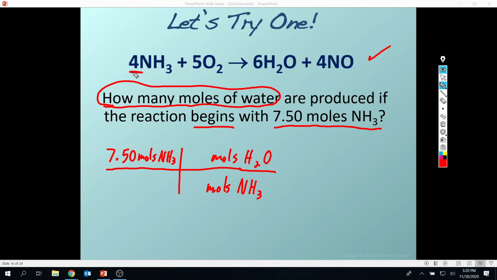All right, our mole to mole ratio, we have 4 moles of NH3 for every 6 moles of H2O. And so we'll assign those mole ratios correctly. And then 7.5 times 6, and then divided by 4. And you should, in fact, get 11.25 moles of water.